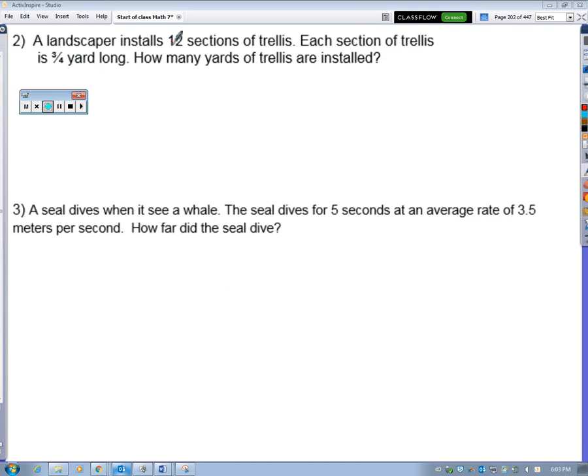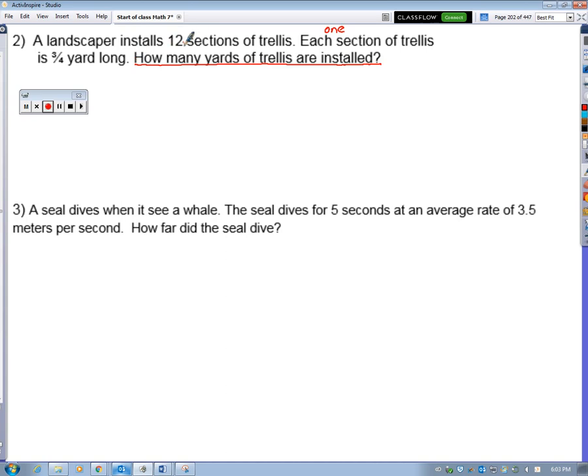So picture that. He's installing 12 of these sections. Each one is 3/4 of a yard long. How many yards of the trellis are installed? There's my question. That's what I want to focus on. So if you picture this, that's our 1. Here's our one of something, it is 3/4 long.